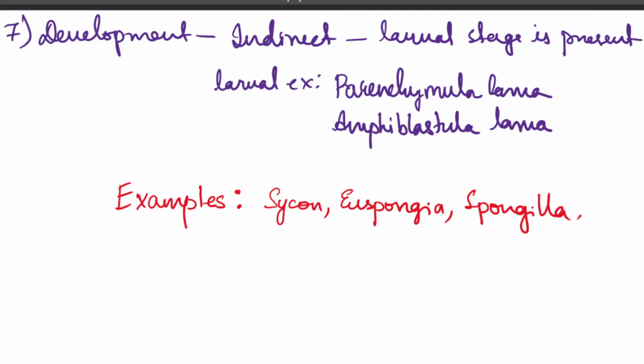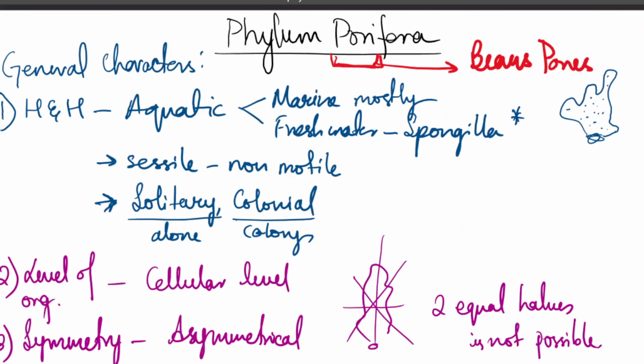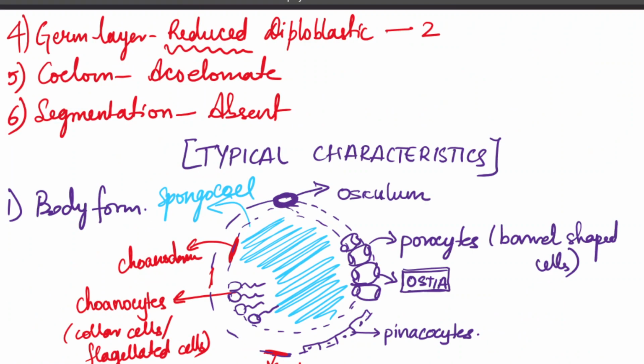I hope you understood. This is the first slide in which we're talking about general characteristics. Habit and habitat: aquatic, marine, freshwater ones, sessile, non-motile. Solitary and colonial. Level of organization: cellular level. Symmetry is asymmetrical. Germ layer is reduced diploblastic. Coelom is acoelomate. Segmentation is absent. Typical characteristic, this is very important, children. Body form: you need to remember this diagram.